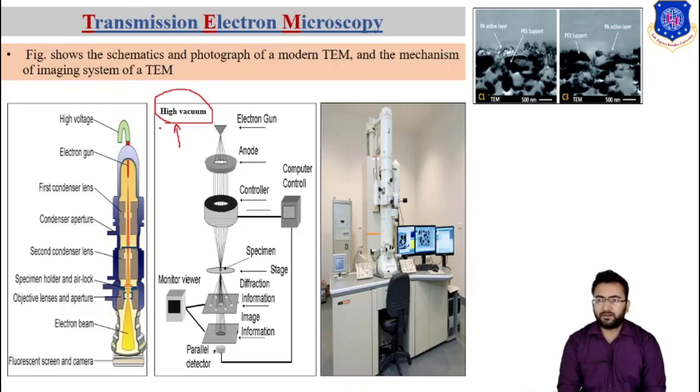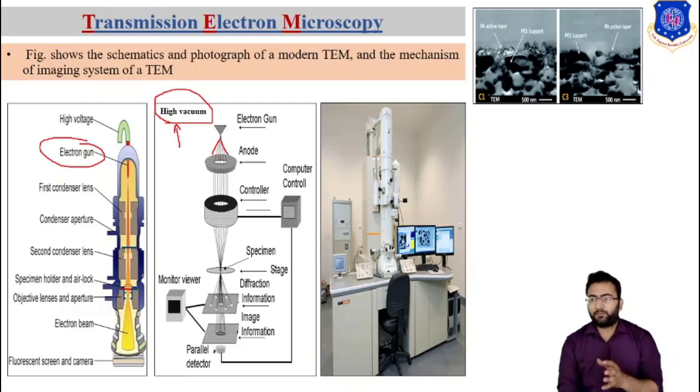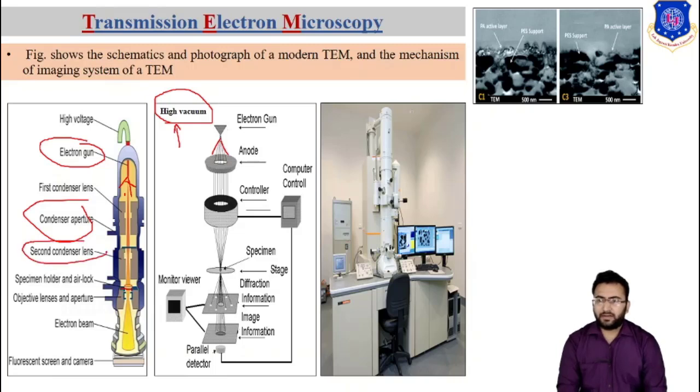So this is the electron gun, which provides electrons to the specimen. This specimen is our sample, such as a membrane or other polymer material. The electron gun spreads the electrons through condenser 1 and the second condenser lens.